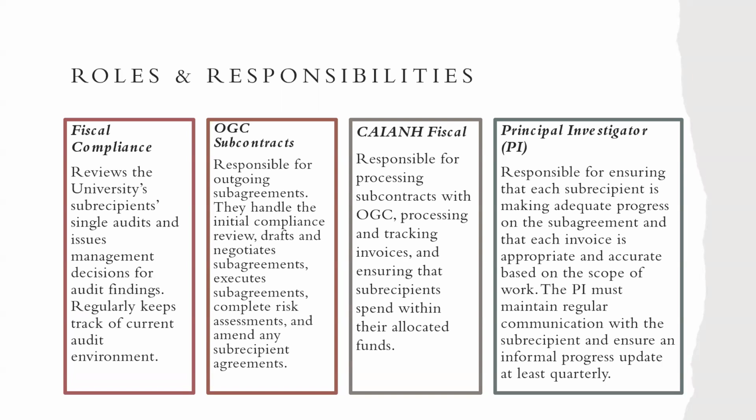The PI has to maintain regular communication with each subrecipient and needs to report on that progress and that communication at least quarterly, which is exactly what we're implementing for this new subrecipient monitoring plan.